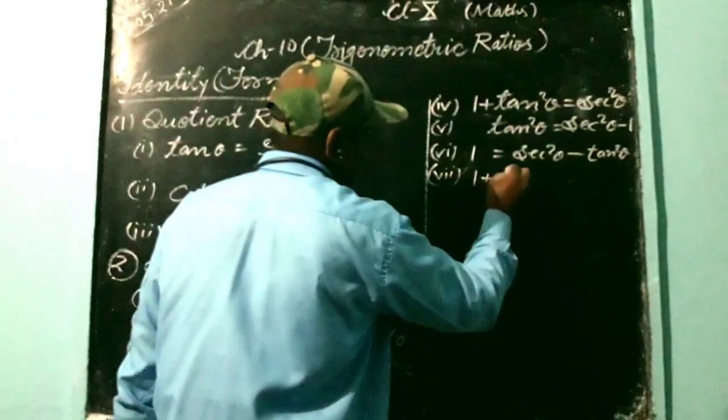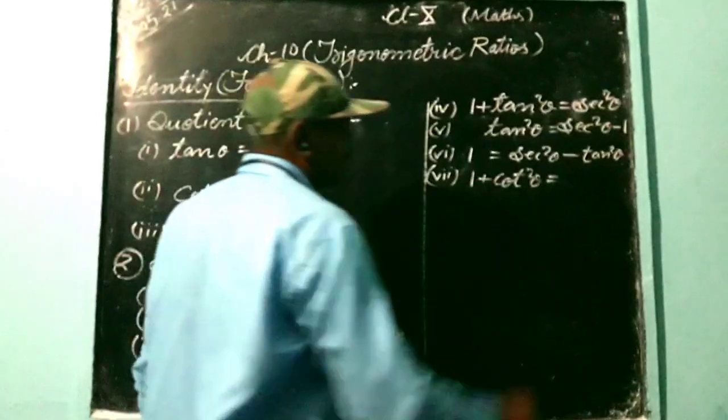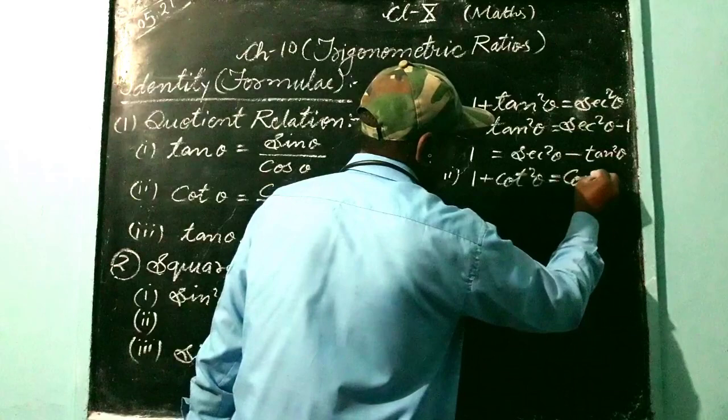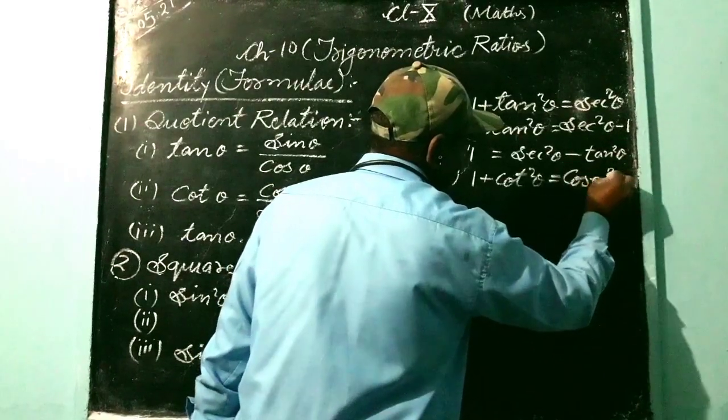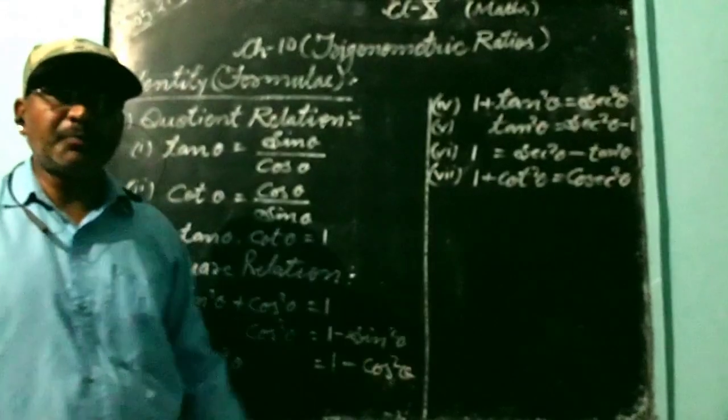Clear? Now the other: 1 plus cot square theta is equal to cosec square theta. From this you can make two other parts.